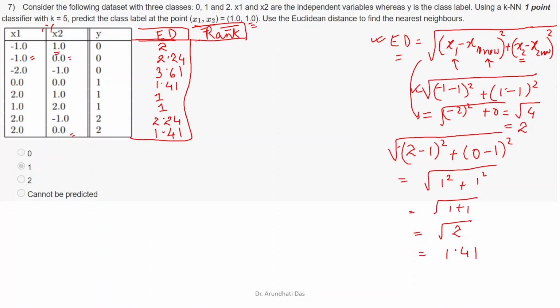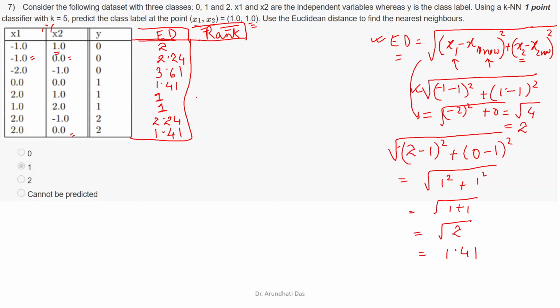So what we will do is give the shortest distance the rank 1. Here you can see for this data point the shortest distance is 1, and even for the next one it is also 1, correct?